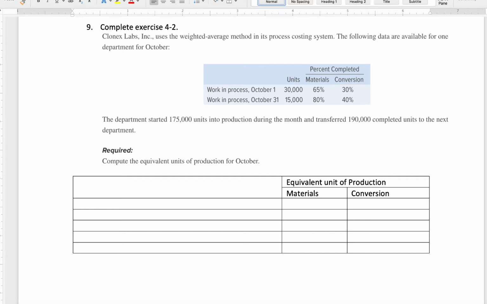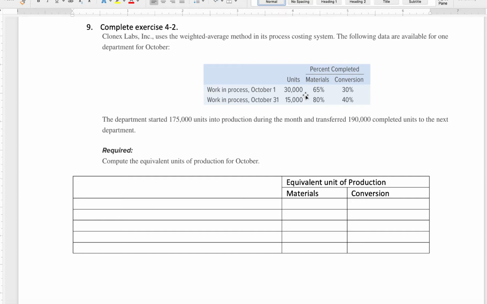If you notice, they give us the beginning WIP in our little chart here. Beginning WIP, October 1st, we had 30,000 units. With respect to material those units were 65% complete, and with respect to conversion cost 30% complete.